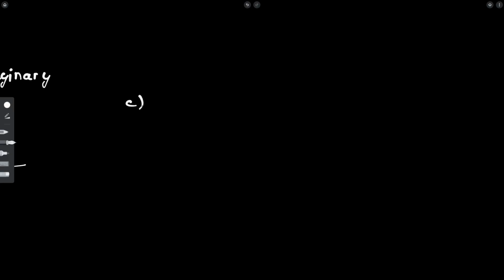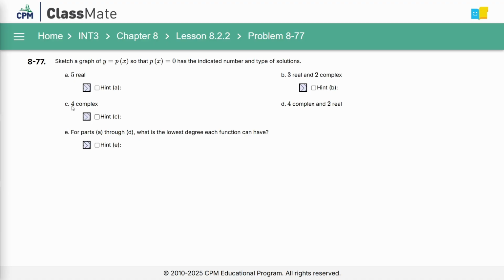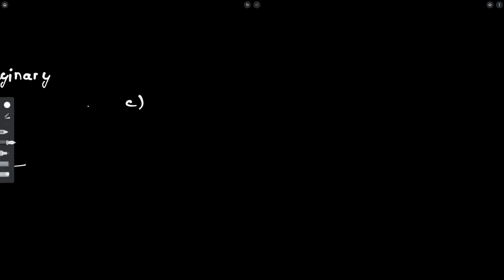Let's move on to C. We have 4 complex solutions. As we've just mentioned, a complex solution is one that never crosses the x-intercept line, so that would look something like this.